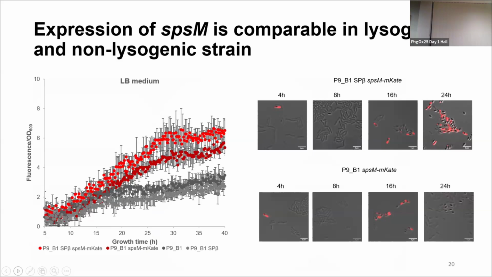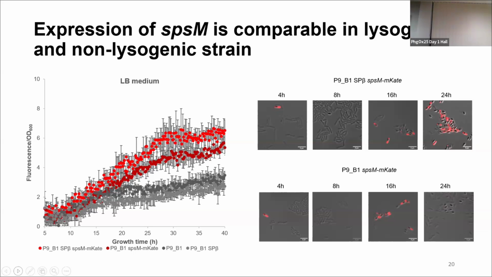the normalized fluorescence, either in lysogenic or non-lysogenic strain, increases gradually. Maybe it's a bit higher in the lysogenic strain, but it seems to be still quite similar. And similarly, if we look under the microscope, we see similar to before, around 16 hours, there are some cells becoming fluorescent, and then at 24 hours, we have more cells being fluorescent.